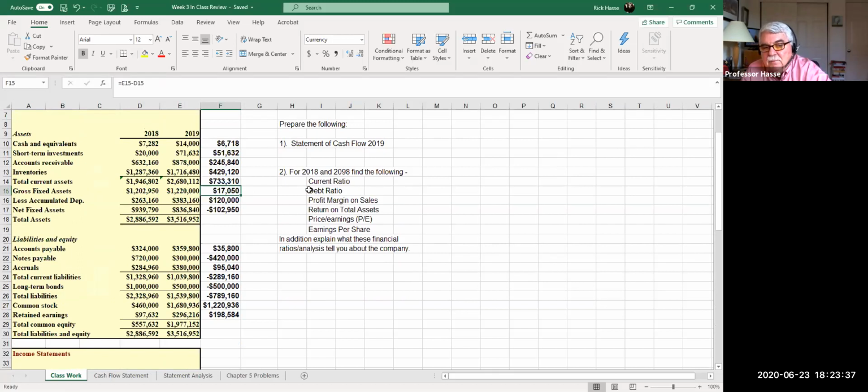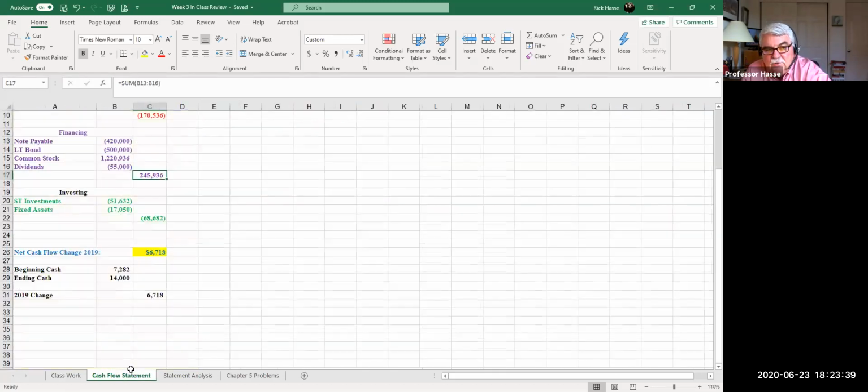They bought some more equipment. So notice, the purchase of an asset, short-term investments, negative cash, $51,632. The purchase of additional fixed assets, $17,050. That's $68,682 of cash going out to the purchase of short-term investments and fixed assets.